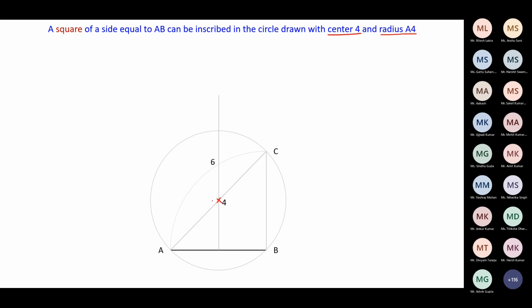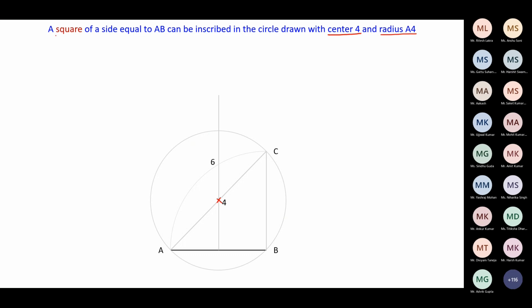We construct the circle. Do note that this circle inscribes the square, or we can say the square to be drawn is inscribed in that circle.